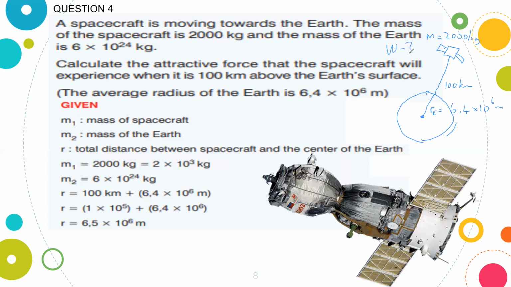Other name is gravitational force. All right, this is your question. It is your turn to try. Maybe I can write the formula also, because during the exam you have the formula, but some schools have it, some schools don't. Okay, just leave it. You are using the gravitational force formula. It's time to keep quiet and try. Please stop the video.